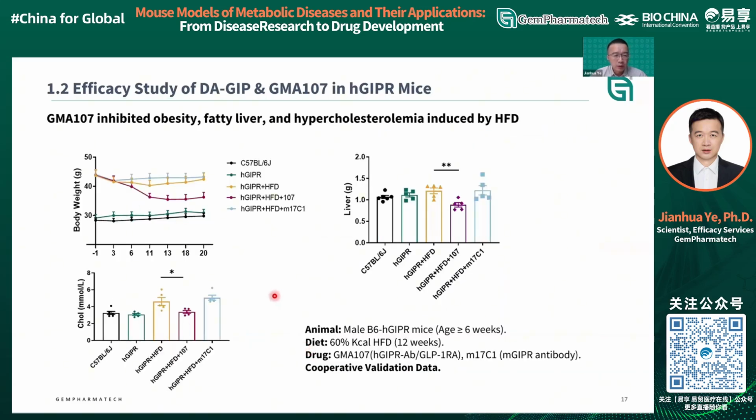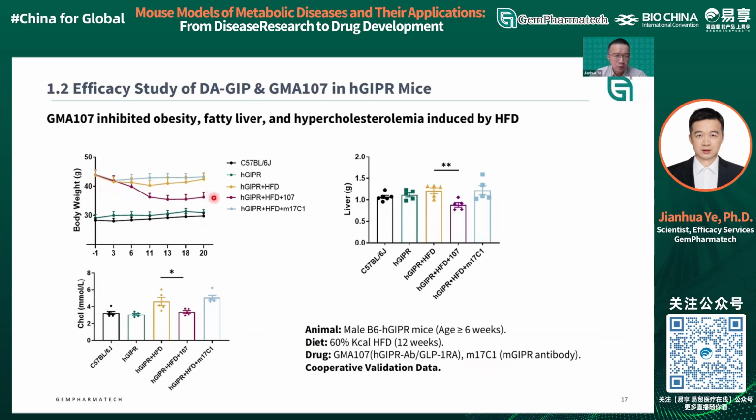And then we test a drug, GMA107, which is a human GIP receptor antibody fused with a GLP-1 receptor agonist. And we use a mouse GIP receptor antibody as control. We can see that after we feed the humanized mice a high-fat diet, their body weight increased a lot.